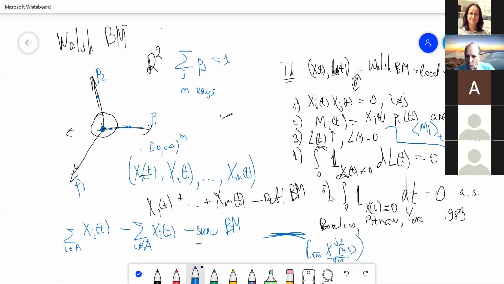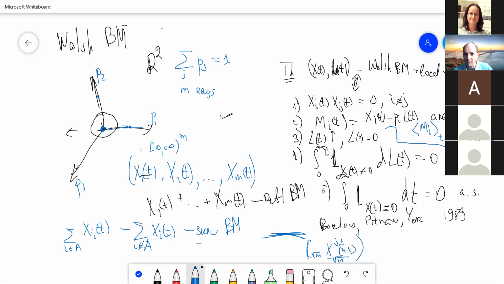And I will prove convergence of these processes and number of visits to 0. The number of visits to 0 is a non-decreasing process, so its limit is a non-decreasing process. I told you that the number of visits to zero converges to a local time of the sum of these coordinates.